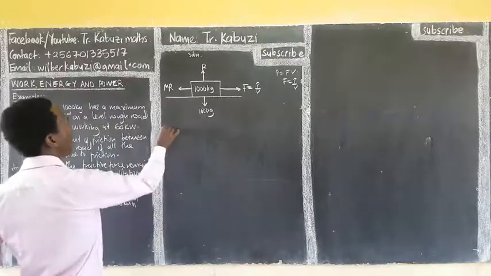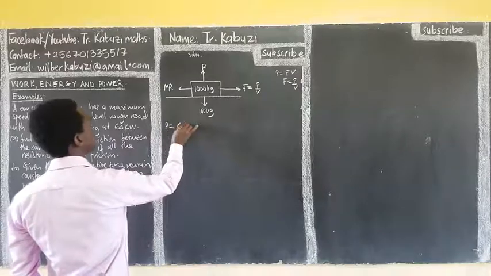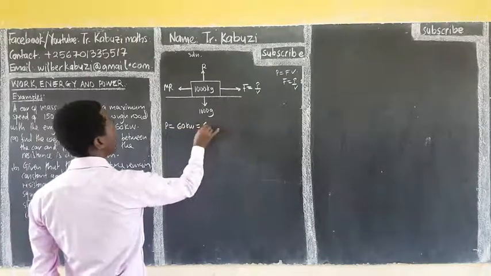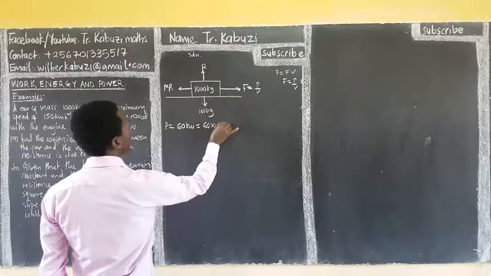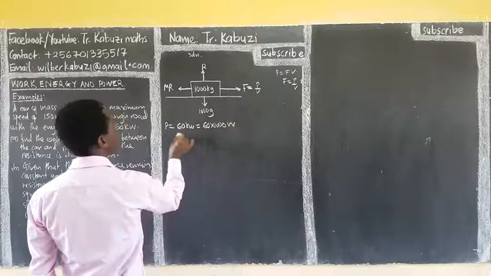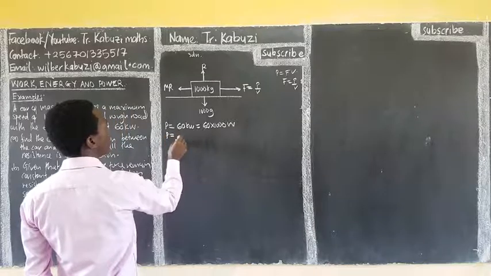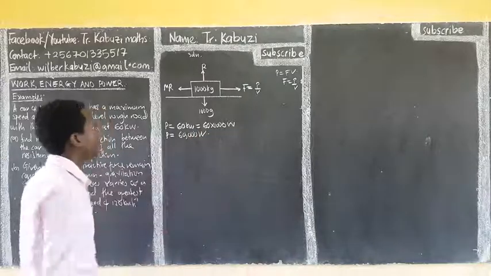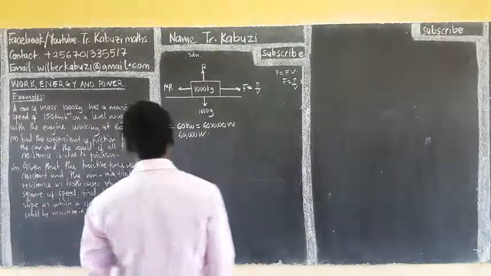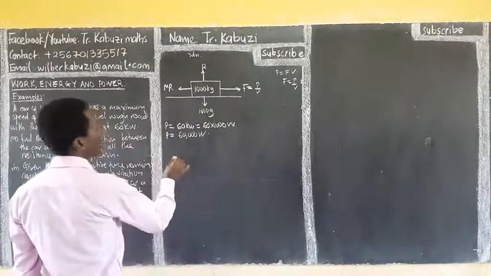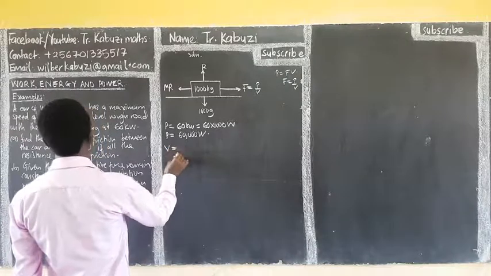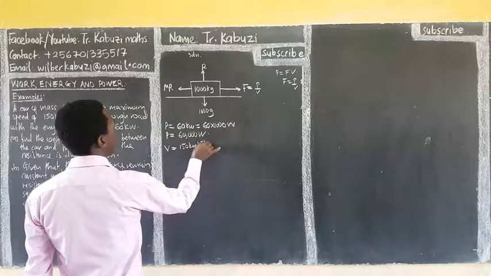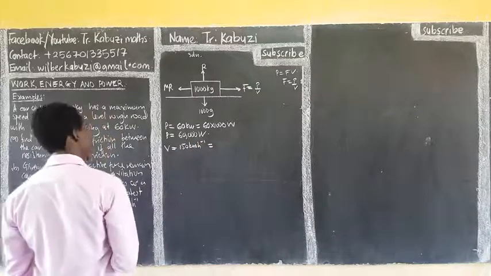We have our power as 60 kilowatts. So you convert it to watts, which would be 60 times 1,000. So our power here is going to be 60,000 watts. Then we have our velocity, which is 150 kilometers per hour, which we convert to meters per second.